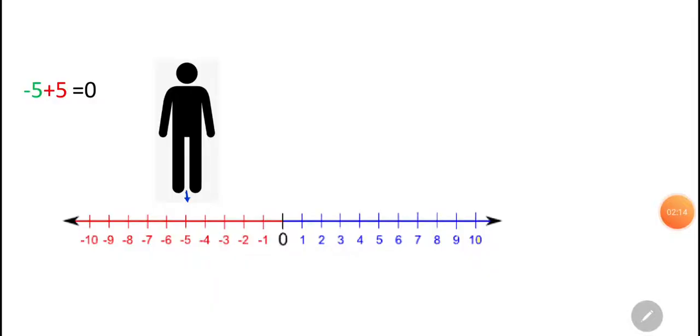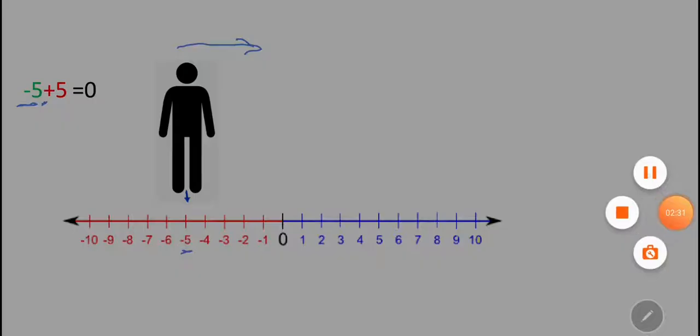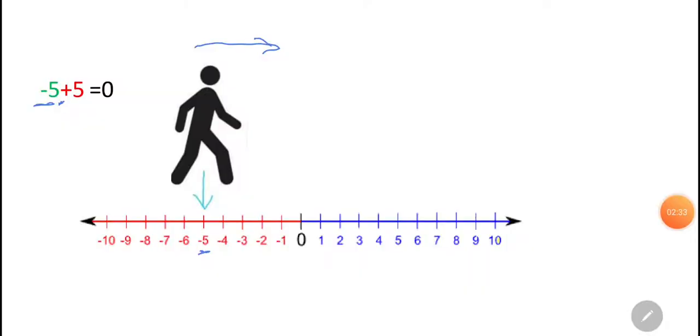As you can see, we start off with an easy example. I'm starting off at negative 5, so the man is standing at negative 5. Then the operation is plus, so the man has to turn to his right, in the positive direction. As you can see, he is facing the right now. We're adding a positive number, 5, so he's going to take 5 steps forward.